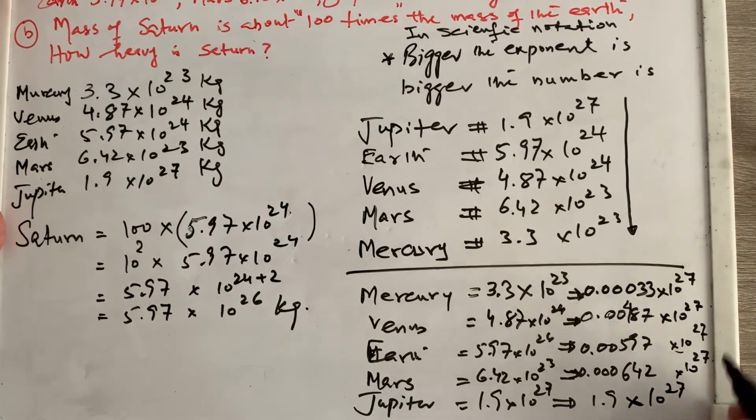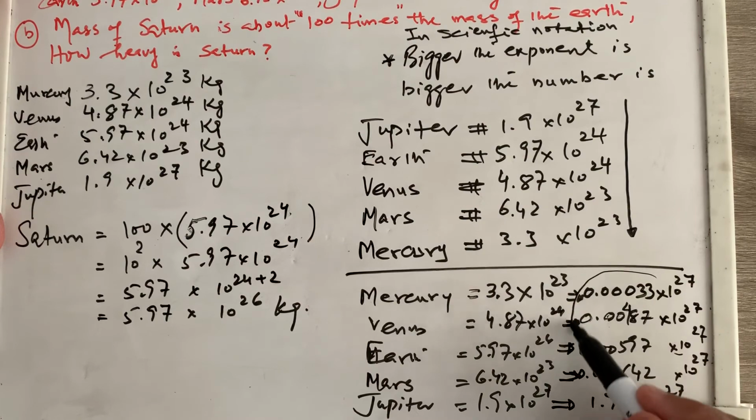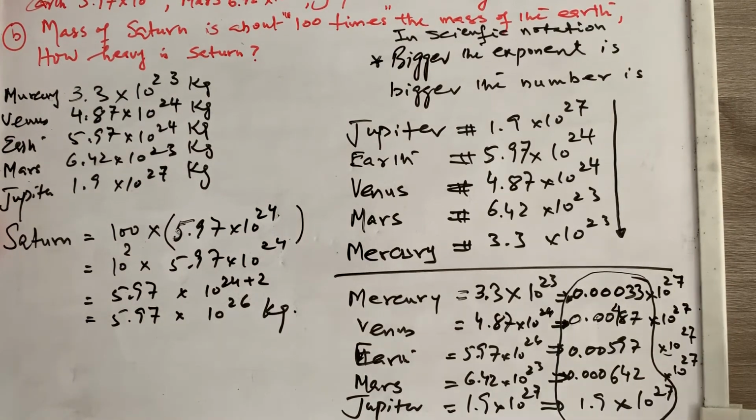Now I don't have to look at the exponents, I just have to look at the numbers. Who is bigger, and who is smaller? From heaviest to lightest, what will my numbering be?